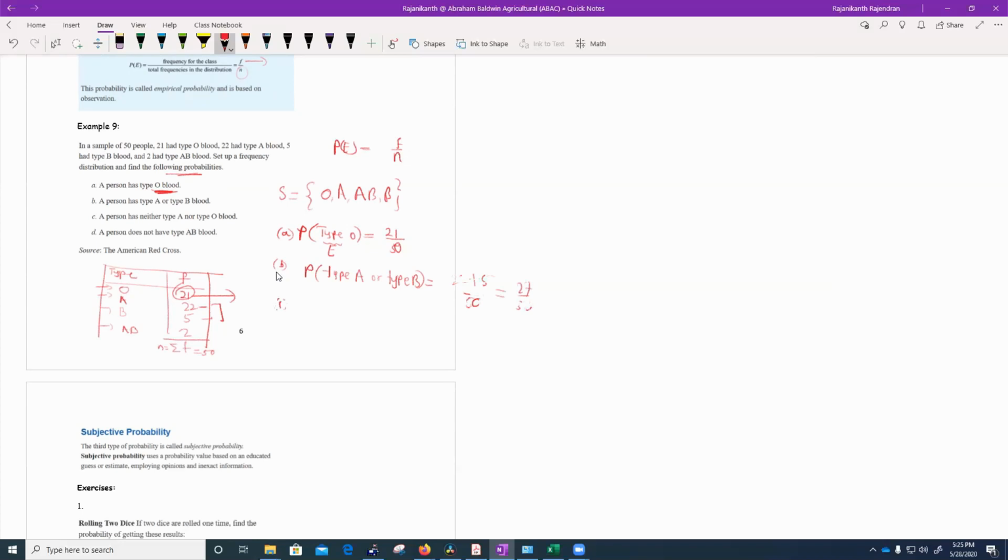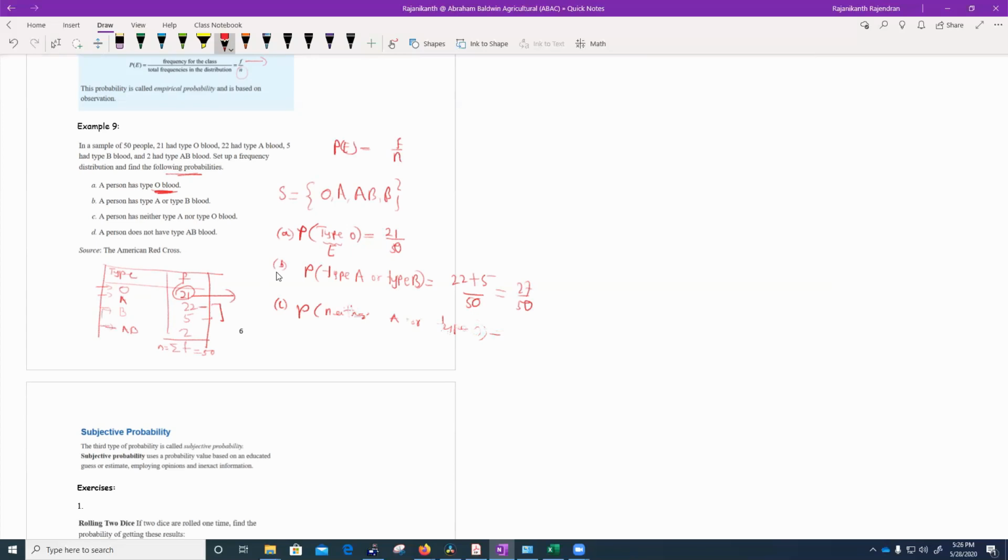Part C, the person you are choosing has neither type A nor type O. So you have to exclude these two. So the probability of neither type A nor type O means that among these classes you need to exclude type A and type O. I don't want A and O. You take the remaining, B and AB.